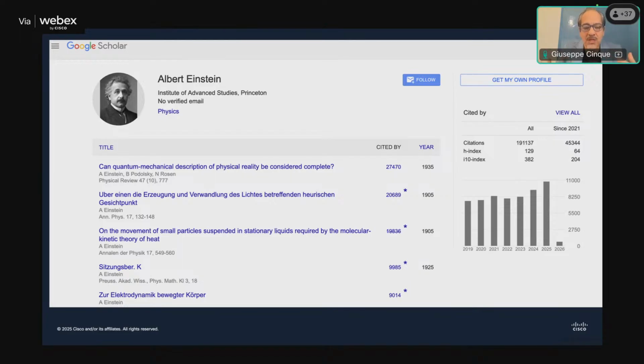So he was using this demonstration as a paradox to say this cannot be true, right? Things cannot have this spooky action at a distance. There must be some hidden variable, something that we have missed, and we need to work on that. But in reality, what we see instead is that this theory is correct.